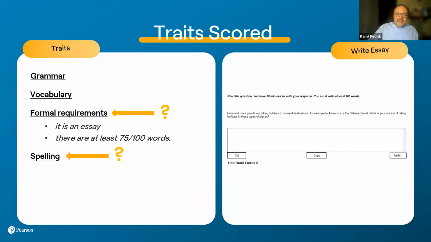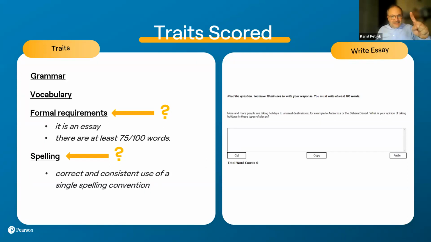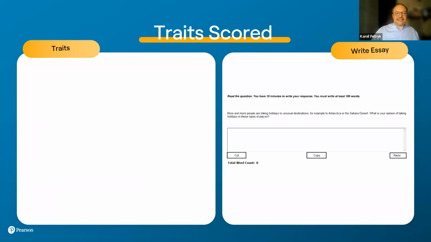Yes, you are right. Obviously, the correct spelling, but what is important, correct and consistent use of a single spelling convention. So that means that no spelling convention is obligatory for Pearson English International Certificate, as long as this is consistently used, right? American, British, Australian. So what is important is to be consistent, but any spelling convention is accepted here.